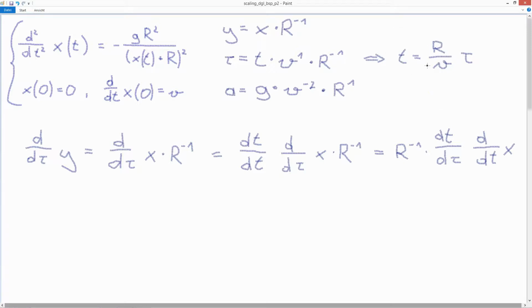And now this here says that we have to differentiate t with respect to the variable tau. When we do this, we get r to the power of -1. When we differentiate t with respect to tau, we get this factor here.